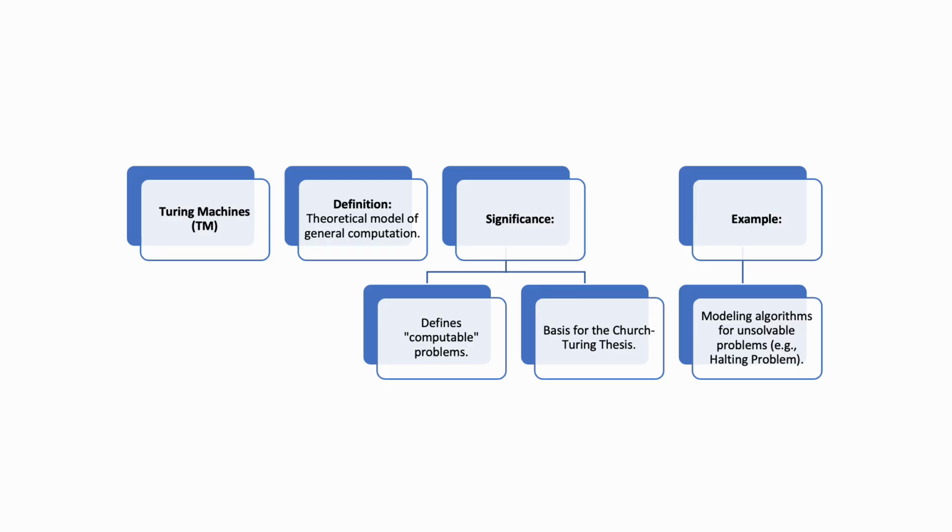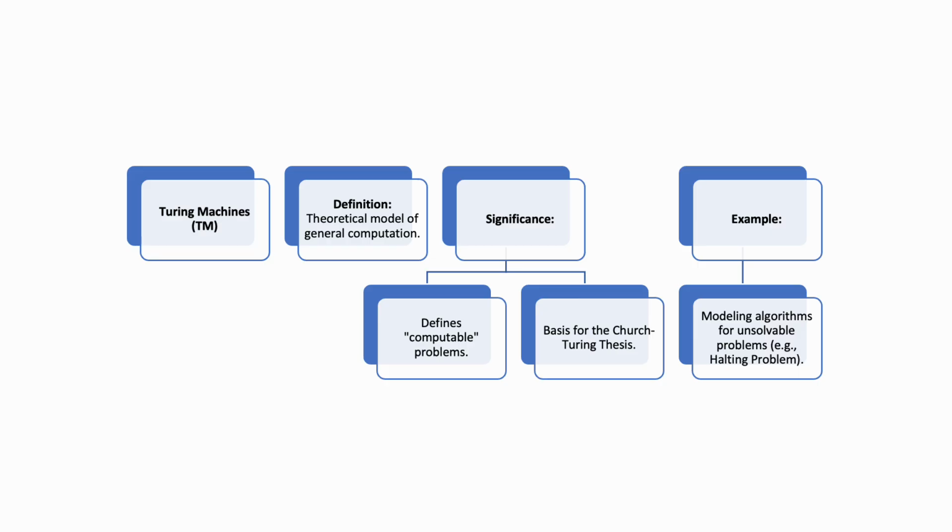This makes it a foundational concept in computer science, especially in understanding the limits of what computers can and can't do. For example, it can simulate everything from simple arithmetic to complex programming language logic, making it a universal model for computation. Turing machines also play a critical role in defining the boundaries of computation. They help us explore questions like what problems can be solved by computers, a field known as computability theory.